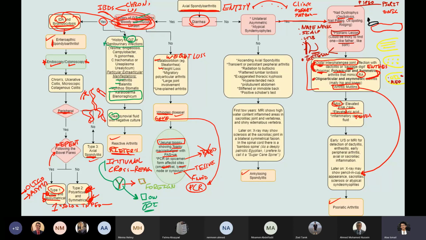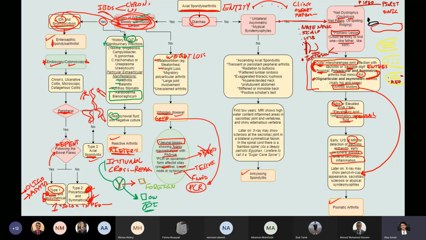With regard to the imaging, as I've just elaborated in the previous algorithm, we usually like to start the investigations with MRI, because MRI is very helpful in showing the inflammation in soft tissues like dactylitis, enthesitis, and the early peripheral arthritis, and also in axial or sacroiliac inflammations.